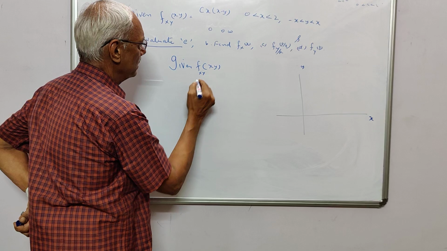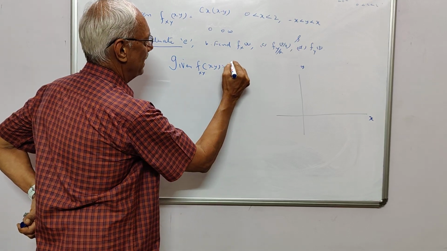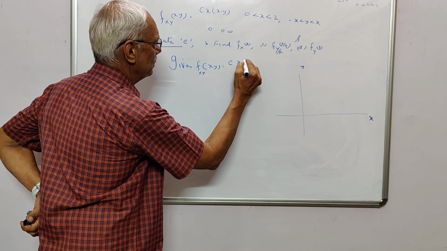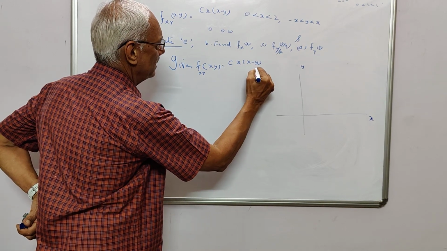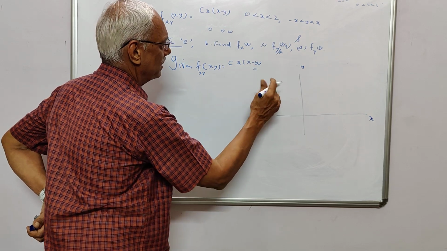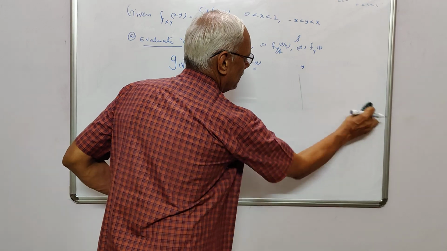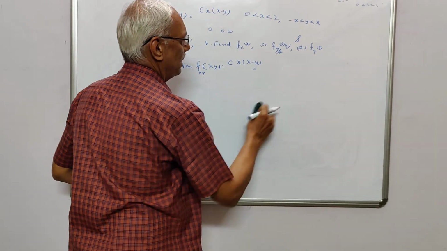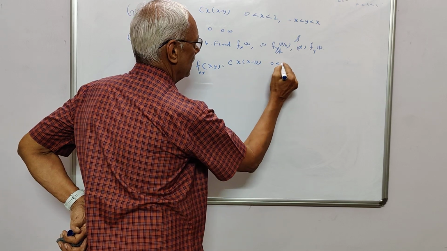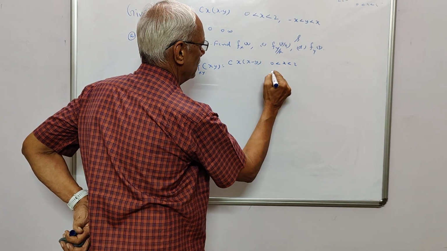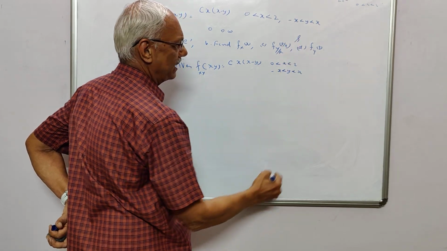Of course, this random variable xy is always denoted like that. f of xy equals cx into x minus y in the interval 0 less than x less than 2, minus x less than y less than x.